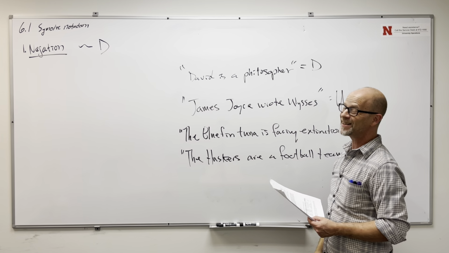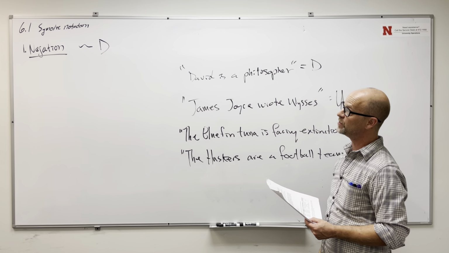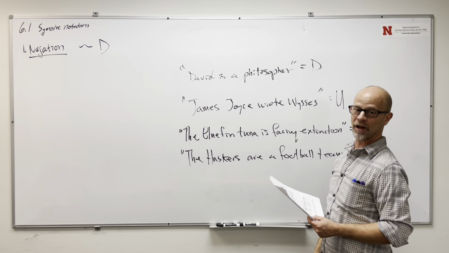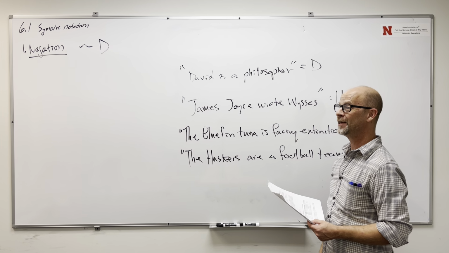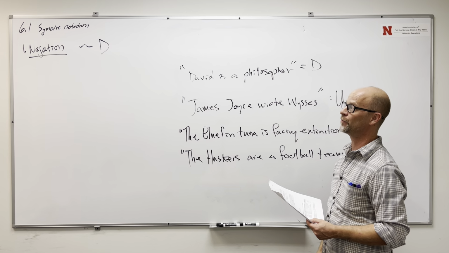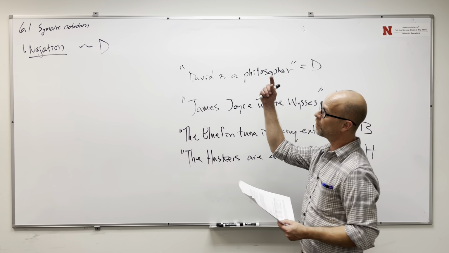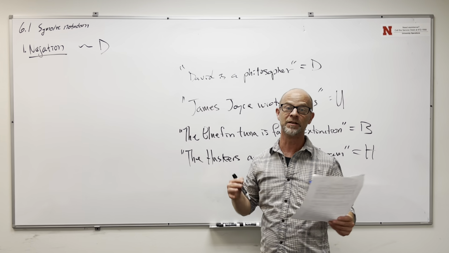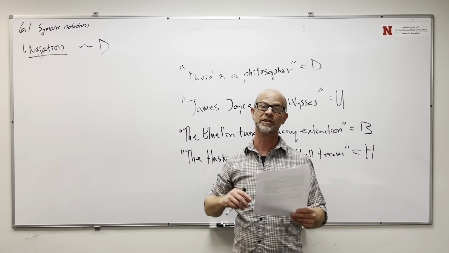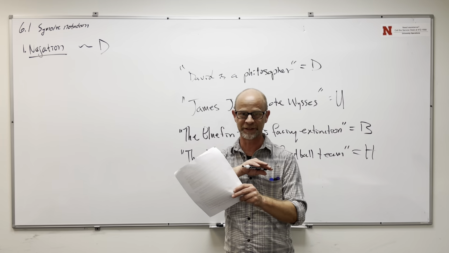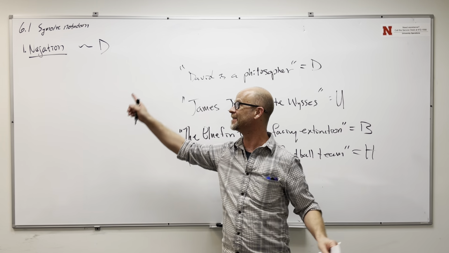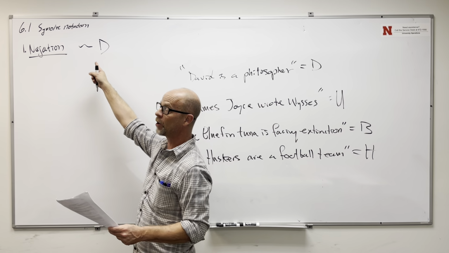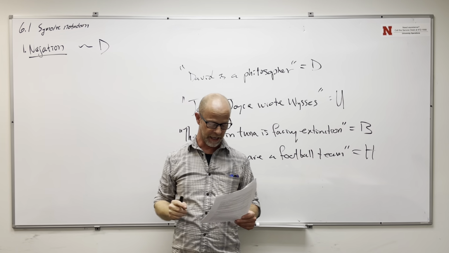When I do that, it changes the meaning of D. It ends up meaning David is not a philosopher, or more specifically, it is not the case that David is a philosopher. So that's our first one that we're introducing. It's the basic negation, which means not, or it is false that. That's the tilde. It's going to be our symbol that we use for negation.